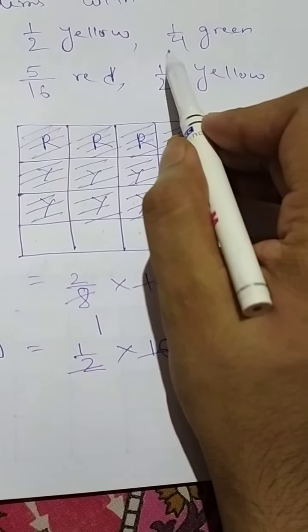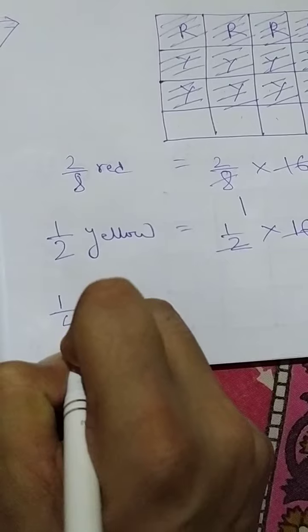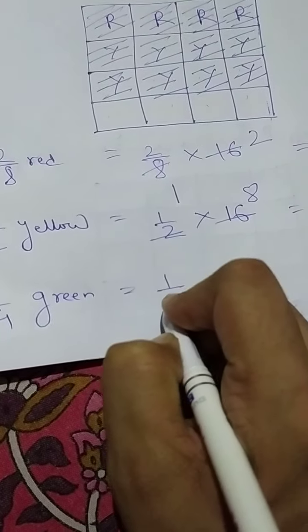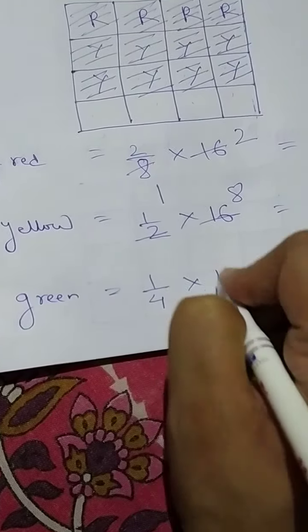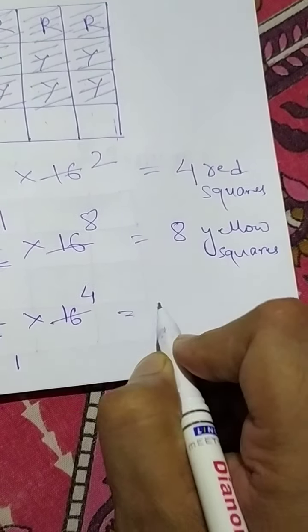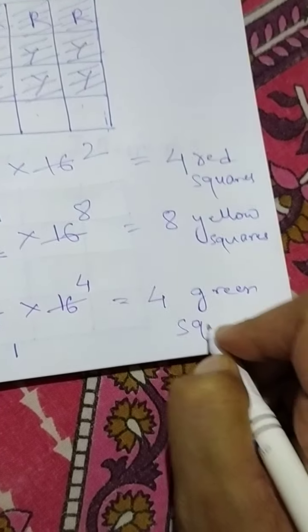And last one is 1 by 4 green. Let's do it. 1 by 4 green means 1 by 4 into 16. So 4 fours are 16. Okay, so here it means 4 green squares.